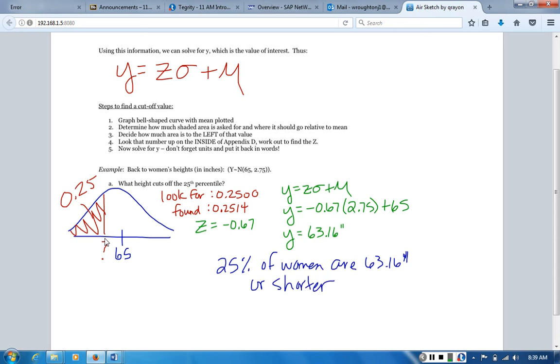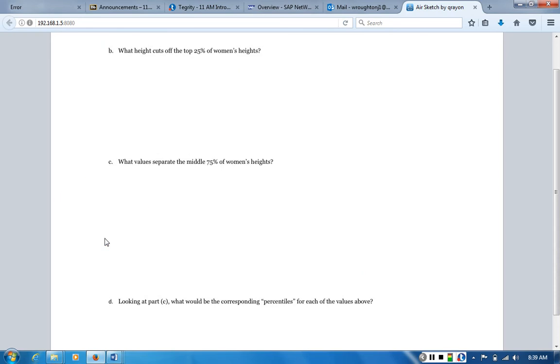All right. Another example. We want to find the height that cuts off the top 25% of women's heights. So just as before, I'm going to start with my picture. My mean is still 65, but this time it says top 25%.